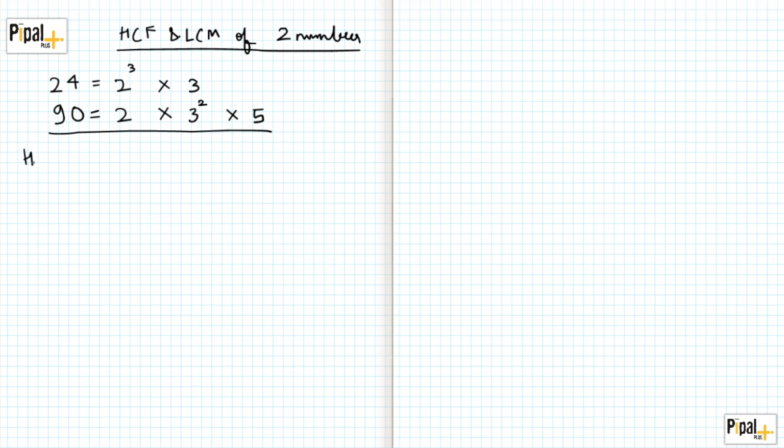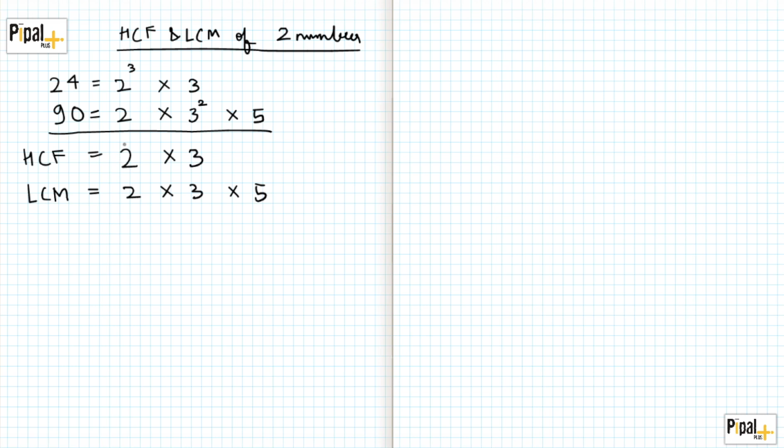Now the HCF. For HCF I'll write only those factors which are common across both of these numbers, so 2 and 3. And for LCM, I'm going to write all the prime factors which are a part of either of these numbers.